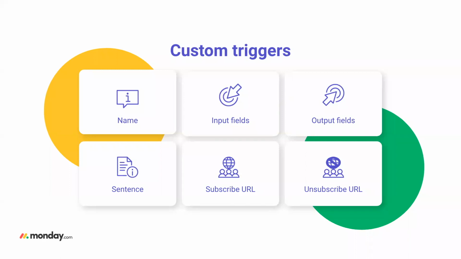So let's say in my trigger, I am selecting a specific board for something to happen to it, and I will send that information to my action so that it knows which board to apply the action to. You will also have a sentence, kind of like, let's say, when a status changes to something, or when this event happens.